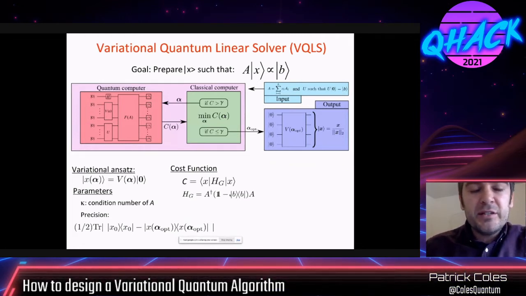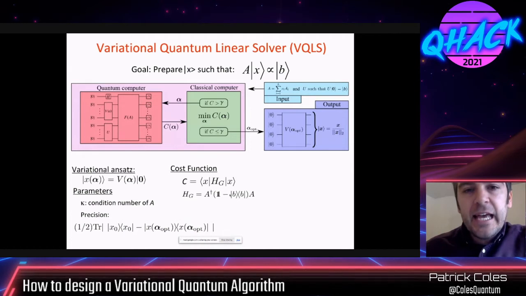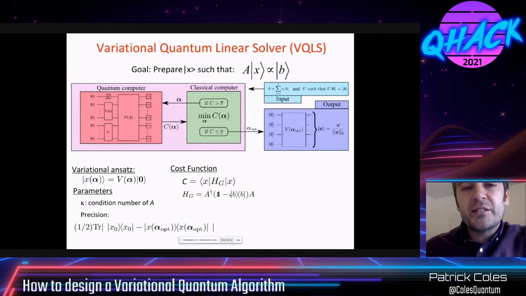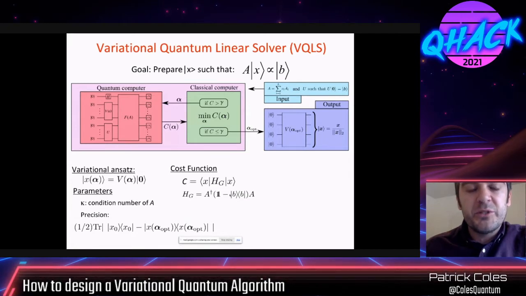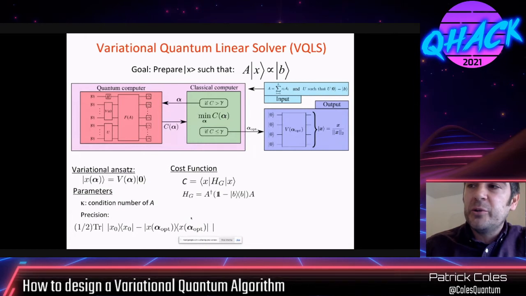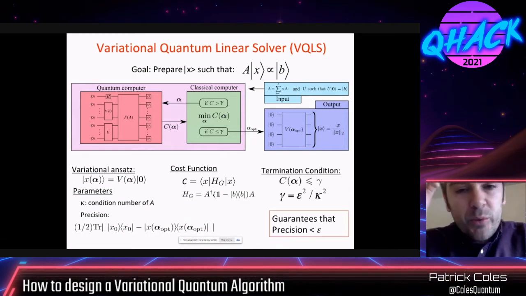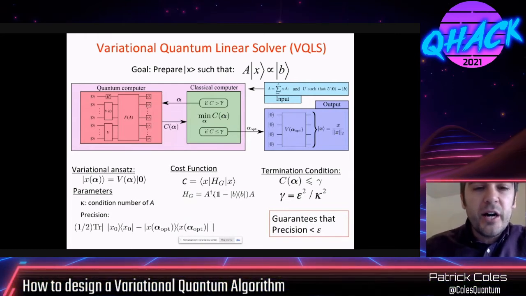Now, it turns out that having AX parallel to B is not really what you necessarily want in terms of your final solution. What you really want is the precision to be low. You really want X to be close to X naught. You don't necessarily care about AX being close to B. And what was really cool is that we were able to derive an operational meaning for our cost function that allowed us to relate it to the precision epsilon.